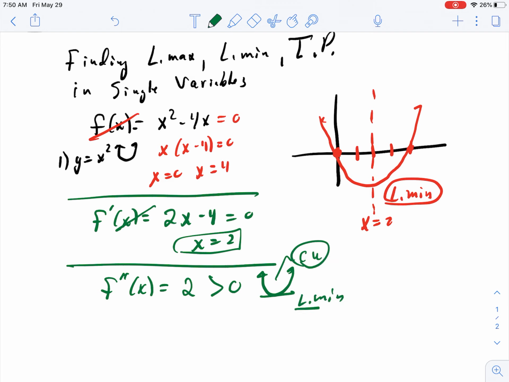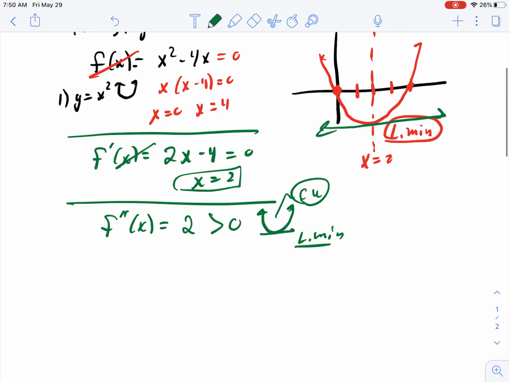So it was concave up, so we would have a local min, knowing it by concavity. And that is a local min of a line, because what we're finding is tangent lines.